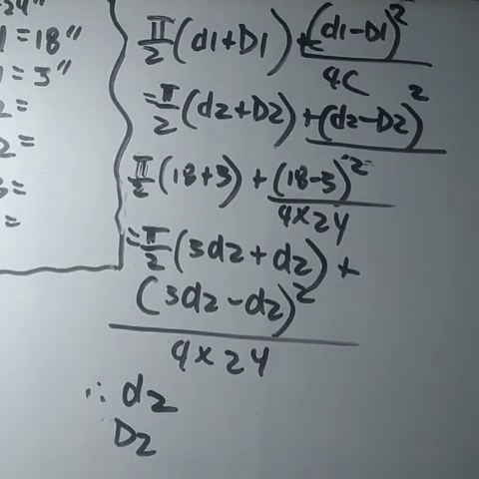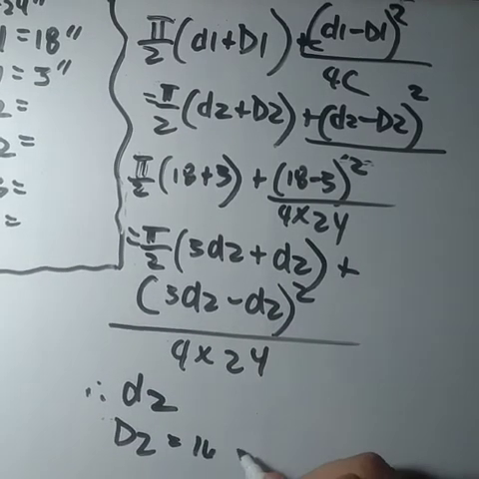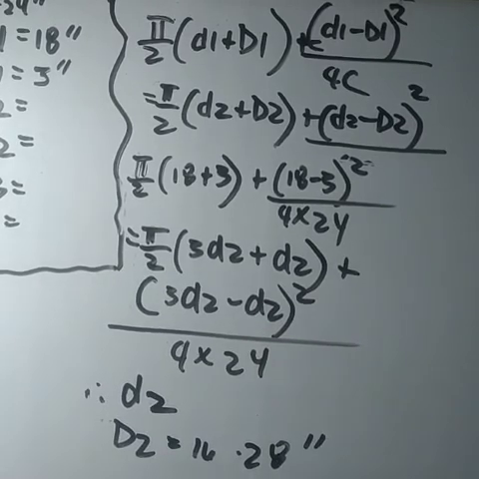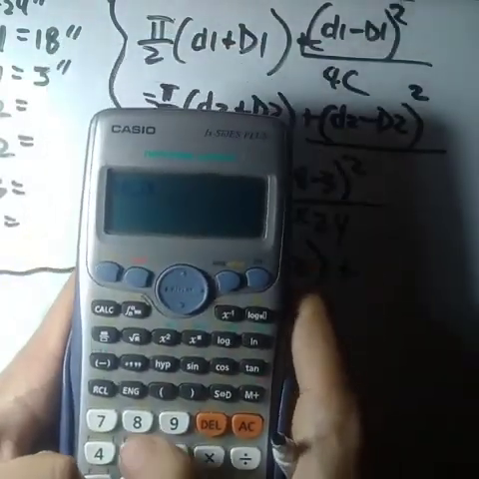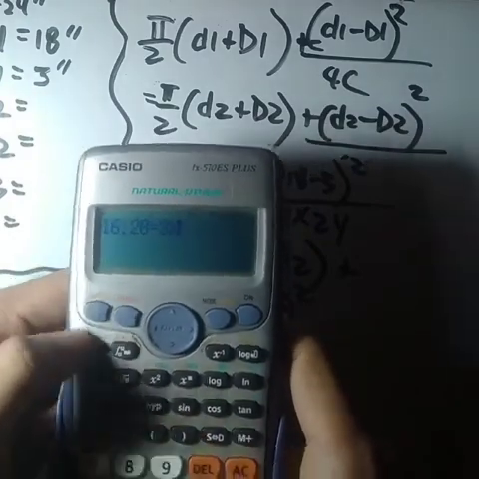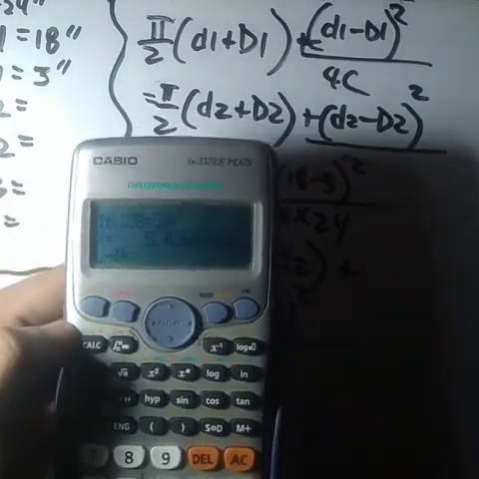So, we get D2 of the driver is equal to 16.28 inches. Okay, so from the equation kanina, D2 driver is equal to 3 D2 driven, we get D2 driven is equivalent to 5.43 inches.